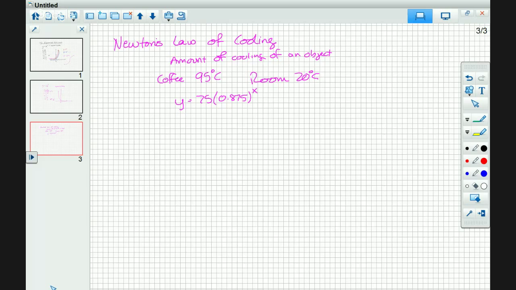Right? So times 0, what happens? How much does the coffee cool in 10 minutes? So this gives us the amount of cooling per minute. So how would I solve that problem?